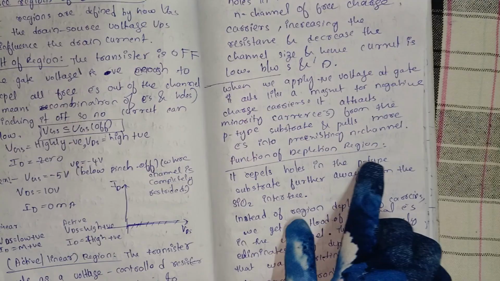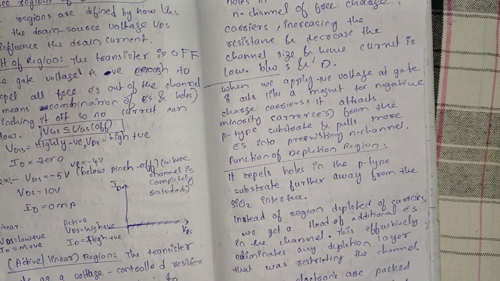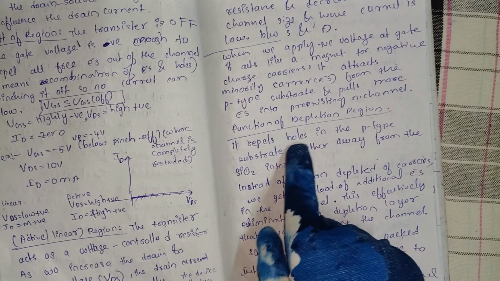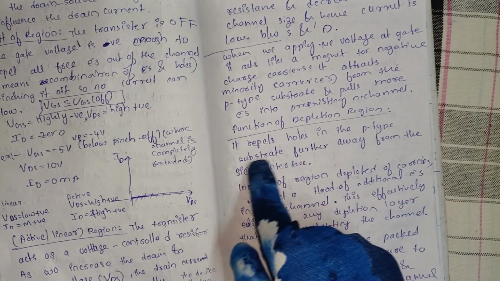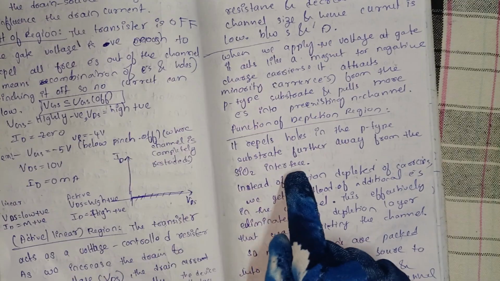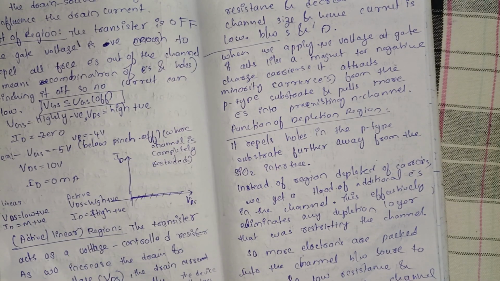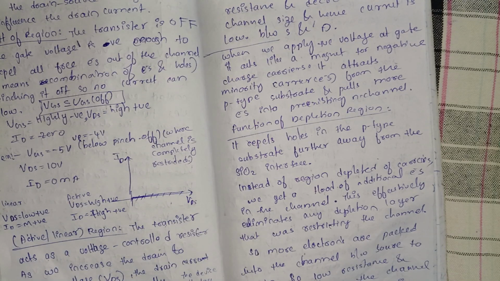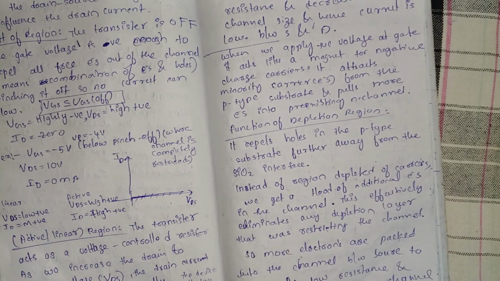So, functioning of the depletion region: when we apply a positive voltage, it repels holes in the p-type substrate further away from the silicon dioxide interface. So what will the depletion region do?